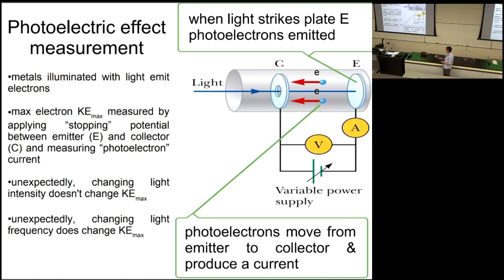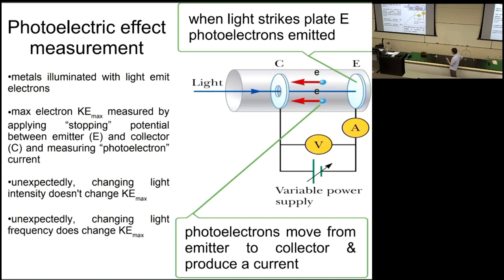The text here also describes how the photoelectric apparatus works, and some of the findings, the characteristics that came out of this experiment. It was these findings, these discoveries, that couldn't be explained with classical physics, and had to be explained with quantum physics. So that's the importance of this. So let's take a look at this setup here.